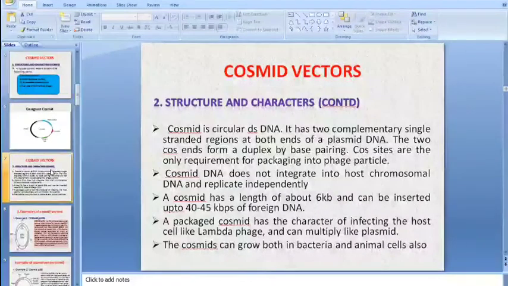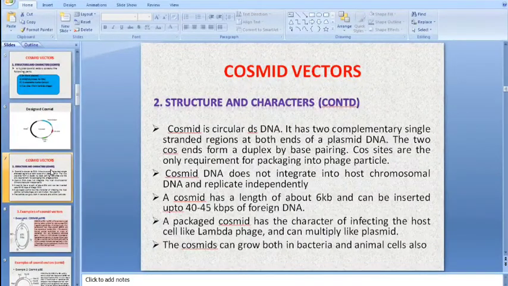In addition to this typical structure, the cosmid vectors have the following properties. Each cosmid is circular with a double-stranded DNA, but it has two complementary single-stranded regions at both ends of the plasmid DNA. The two cos ends form a duplex by base pairing.